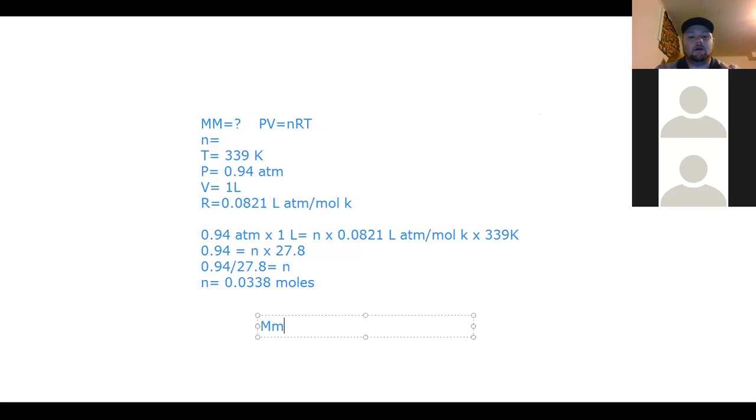So molar mass is going to be equal to the mass divided by moles. Right? Is everybody good here? I think I'm on the right topic. I'm trying to get you guys out of here on time. And so we know that there are 2.18 grams per 0.0338 moles.